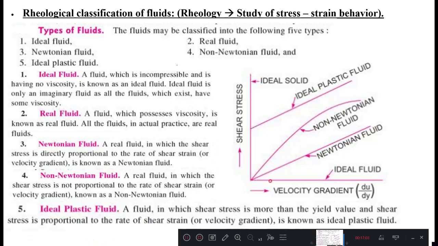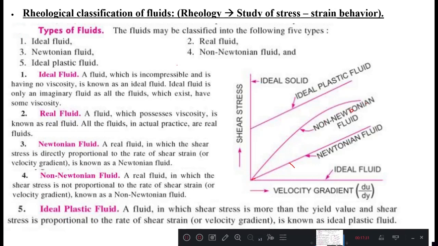Here is the graph showing the Newtonian fluid. For the Newtonian fluid, the shear stress is proportional to the velocity gradient, so the curve we are getting here is a linear curve. All low viscous fluids are classified as Newtonian fluids. For a non-Newtonian fluid, the shear stress is not proportional to the velocity gradient, hence we are getting this non-linear curve.